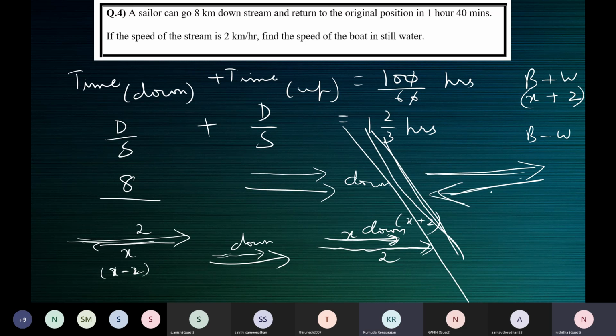So you're trying to move at x kilometers per hour, but the water is opposing your speed at the rate of 2 kilometers per hour.